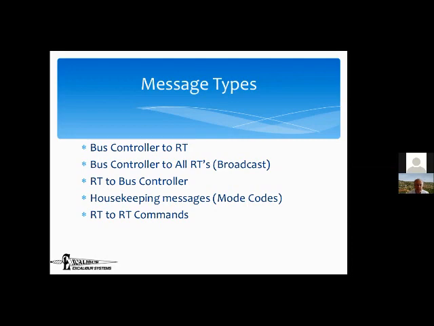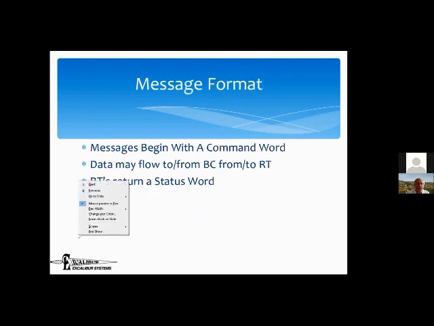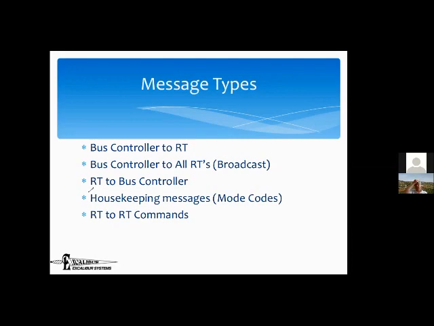RT to RT commands are less common. They are commands in which the bus controller asks one RT to transmit data directly to another RT. So here the data doesn't have to go through the bus controller. The bus controller sees the data, but the receiving RT sees it simultaneously.